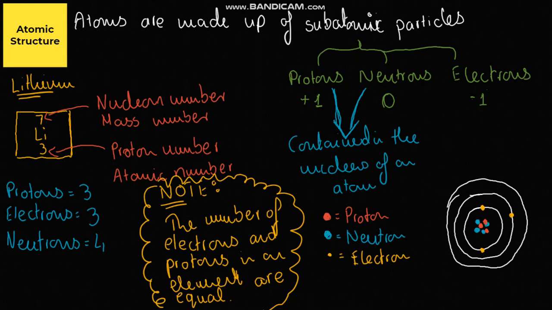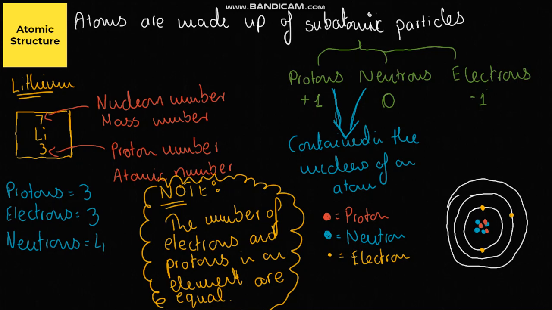This is because in IGCSE, if you're doing the British curriculum, you need to know that the first orbit or energy level can only take in 2 electrons. The rest can take in 8.